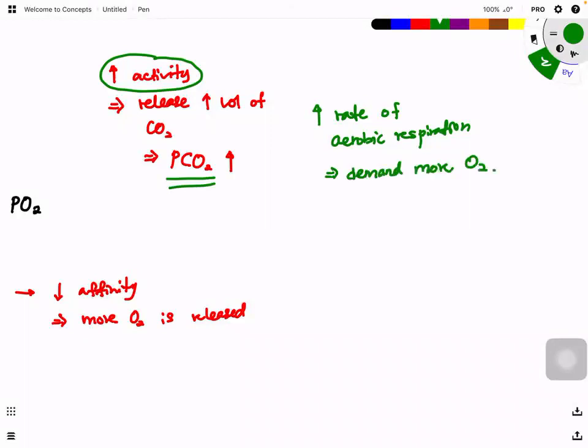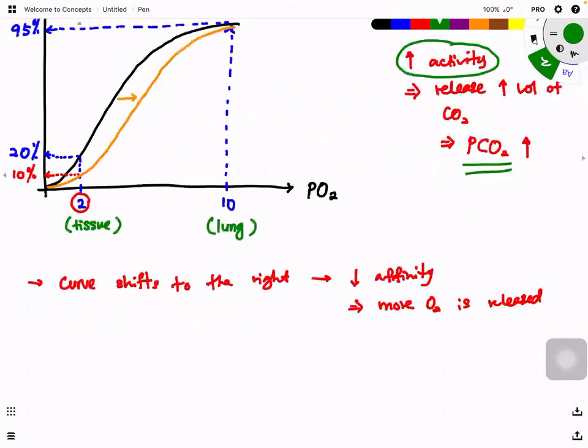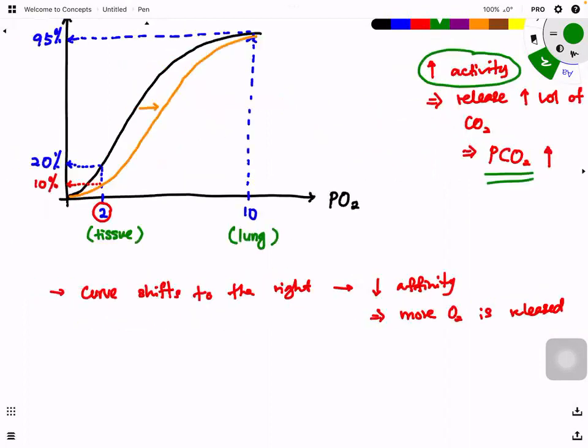So this is how we can actually ask the hemoglobins to release more O2. Can you see that? So in this graph, this is a normal. This part is a normal partial pressure of CO2. This one is increased partial pressure of CO2. So it means that when the cells release more CO2, automatically we're going to extract more O2 from the hemoglobin.